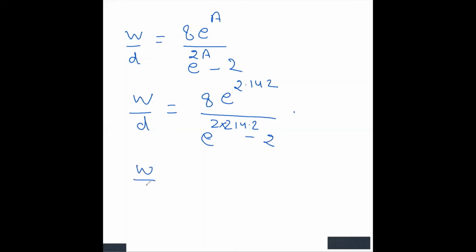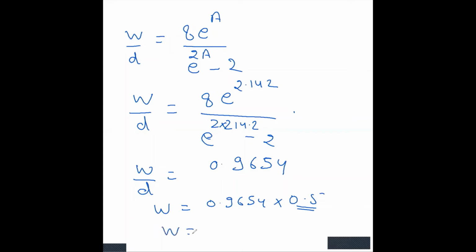By solving this, we get W by D equal to 0.9654, and W will be 0.9654 multiplied by 0.5, because the value of D is 0.5 mm, it is given. So after solving this, we get the value of W equal to 0.483 mm.